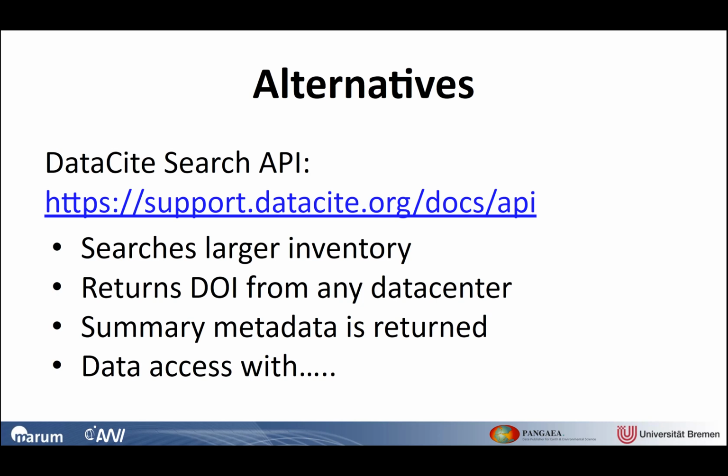And then if you want to access the data, you can use content negotiation also with the other data centers if it's possible there. So anybody is invited to write a script that uses the dataset search of DataSite and allows for access not only for PANGAEA, but also for other data centers like Figshare, Zenodo, and all those others out there.